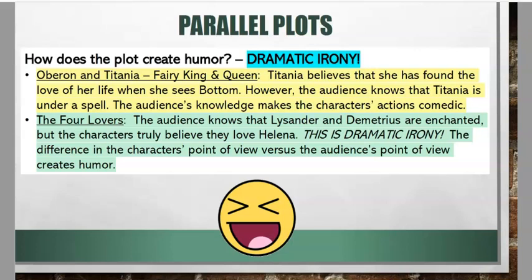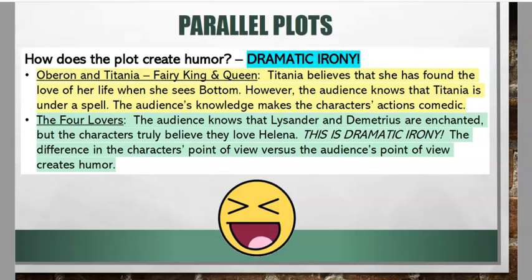Oberon and Titania, fairy king and queen. Titania believes that she has found the love of her life when she sees Bottom. However, the audience knows that Titania is under a spell. The audience's knowledge makes the character's actions comedic. Of course, we know that Bottom starts out as just a regular man.